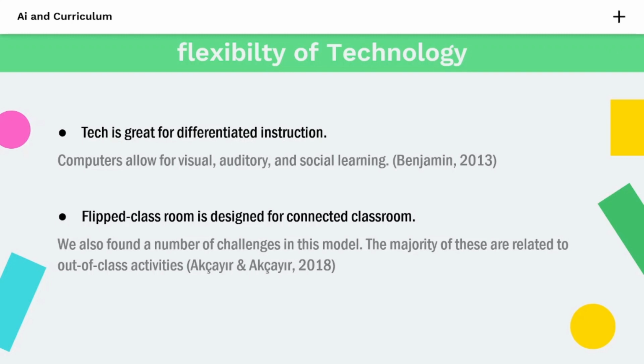AI as well can allow for visual, auditory, and social learning. And I mean, the big boom that happened with generative AI is that it is chat based, and with chat we're always texting and writing, so it's convenient. You could talk to the machine and understand everything that it says because it's a casual chat.